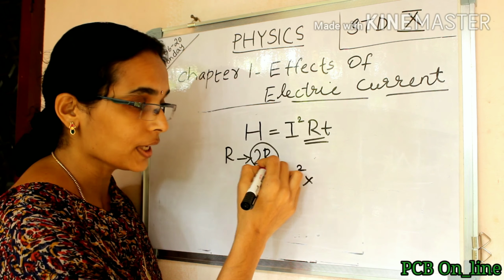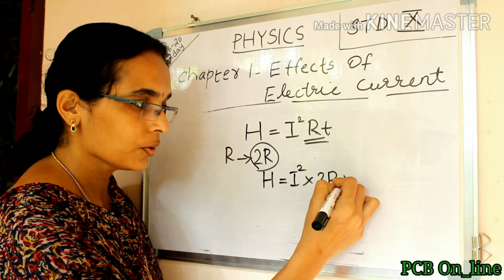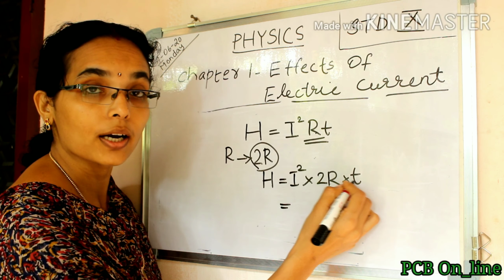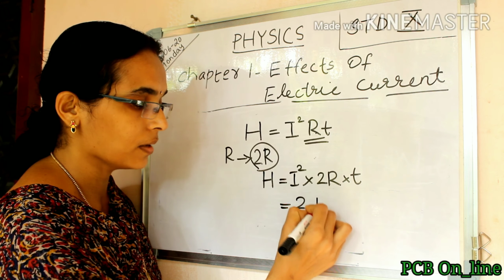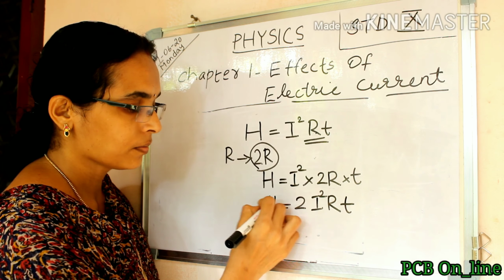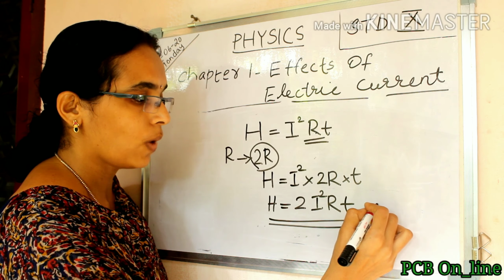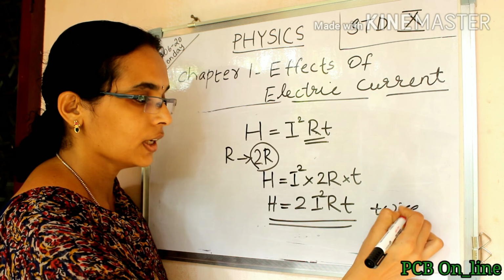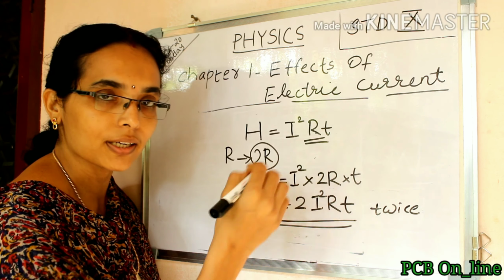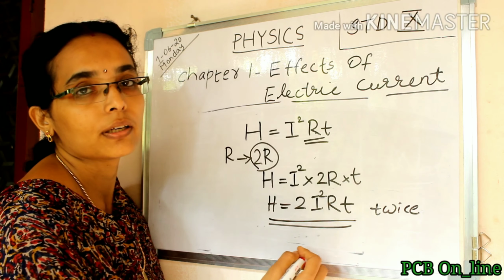Therefore, we replace this R here by 2R into T. That is I square into 2R into T, means 2 times I square RT. That is heat will be increased twice. If we double the resistance, then the heat generated will also be doubled.